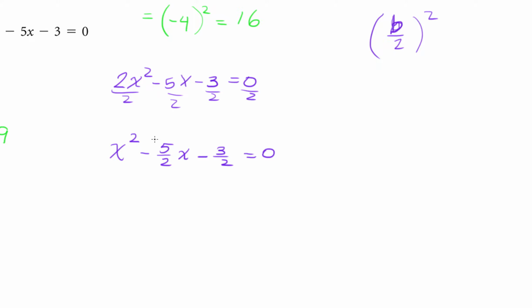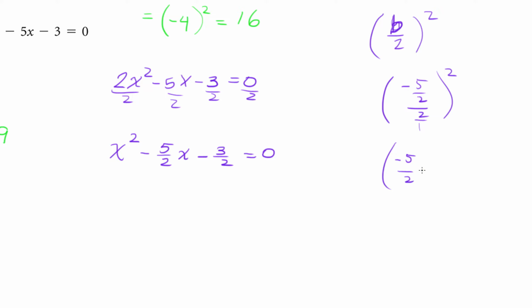Now we substitute b. In this case, it's negative 5 over 2. It's going to be negative 5 over 2, squared. Now remember, when you have a fraction over a number, we make the number into a fraction and we multiply by the reciprocal.